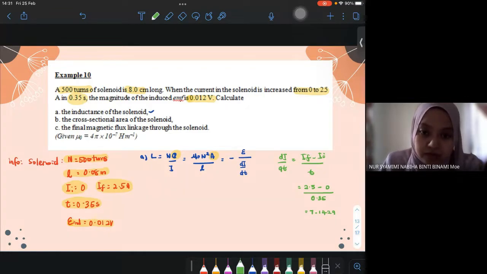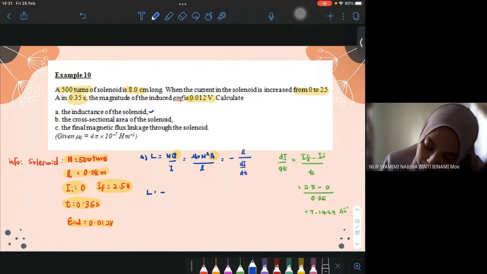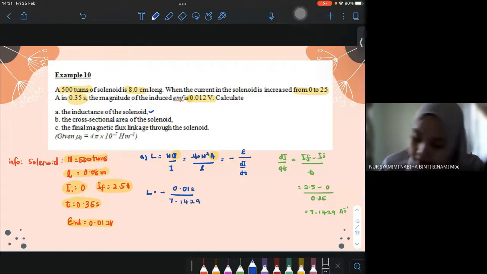Betul? 7.1429 ampere per second. Okay, so kita dapat dekat sini L is equals to negative E induced, iaitu 0.012, divided by 7.1429. Okay, so berapa yang kita dapat?